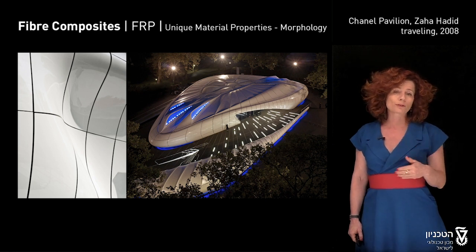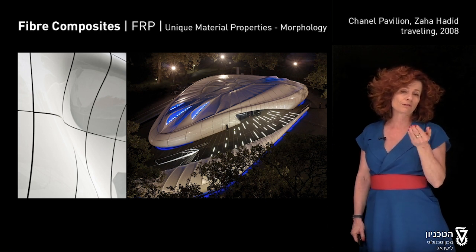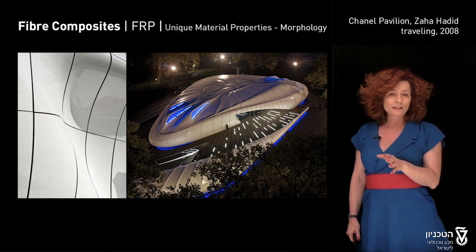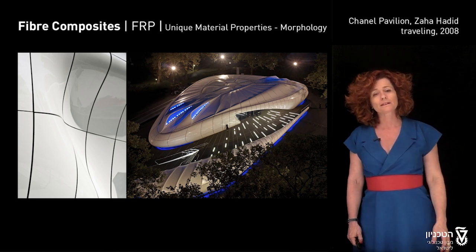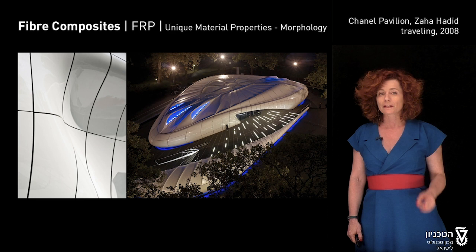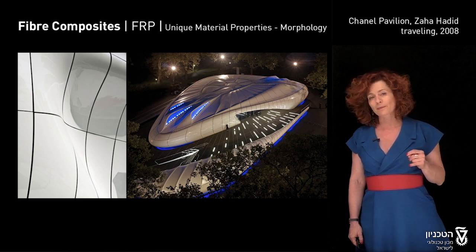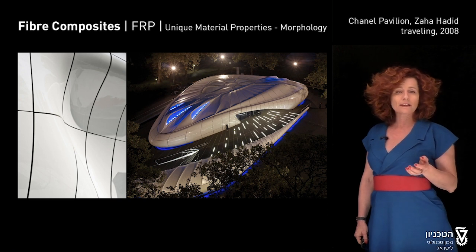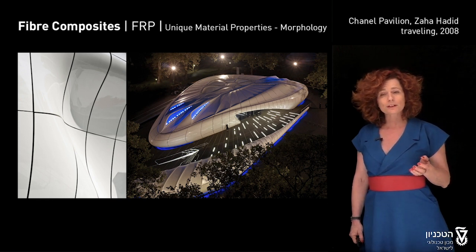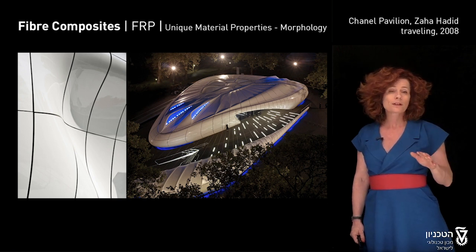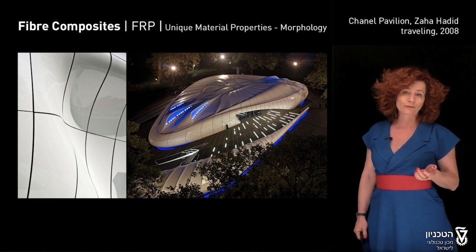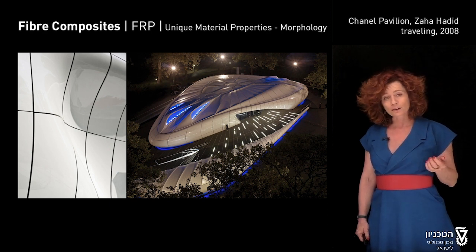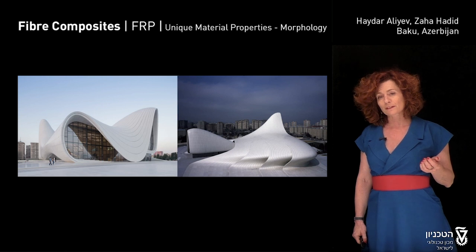So again, a modular construction of light material, actually traveled only to 3 destinations due to the year 2008. Actually, there was an economic crisis and it stopped. Nevertheless, you see a good demonstration of how these materials adopt so nicely complex morphology and double curved surfaces.